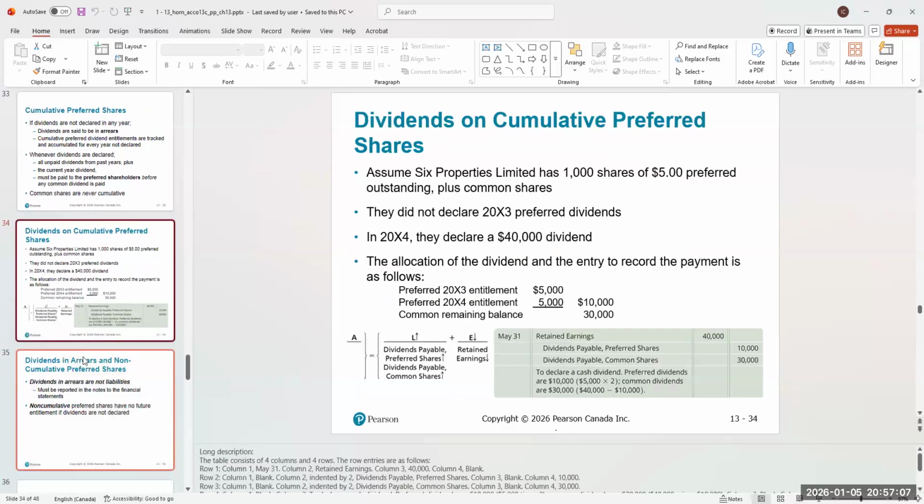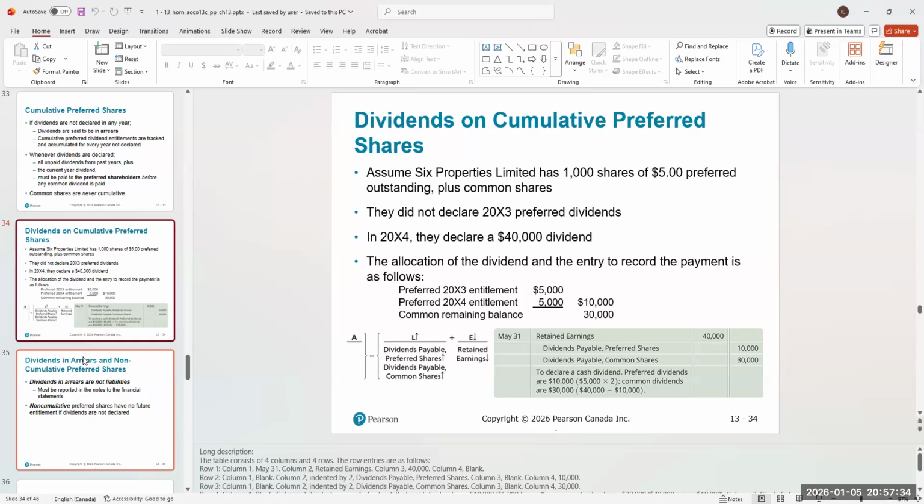So let's see how this is going to work. Let's go again with the example. We have 1,000 outstanding preferred shares which pay $5 per share. In 2023, we're not declaring dividends. In 2024, we're declaring 40,000 in dividends. So now what do we have to pay?